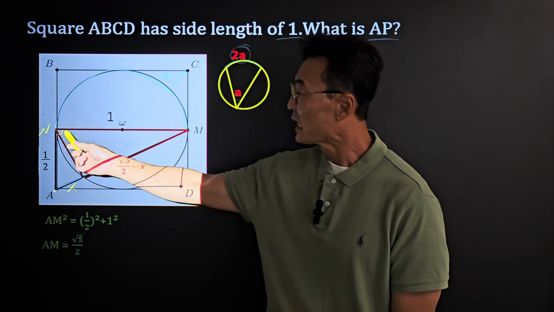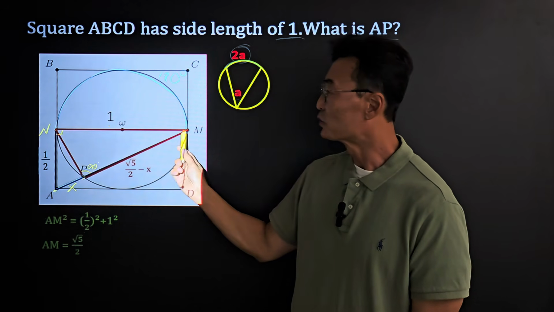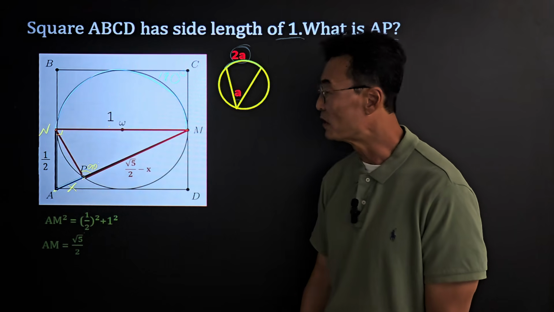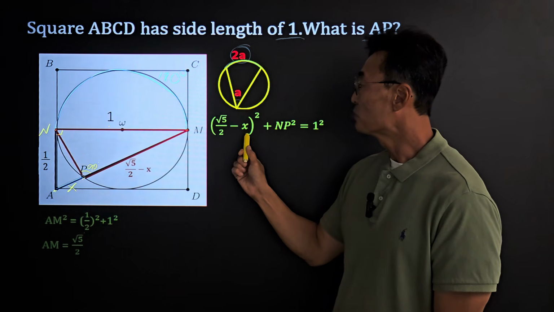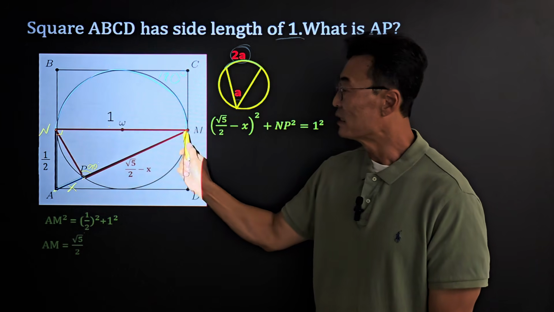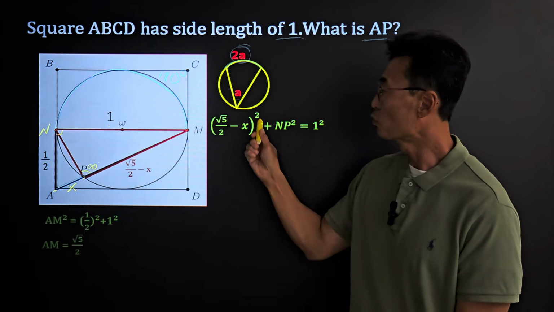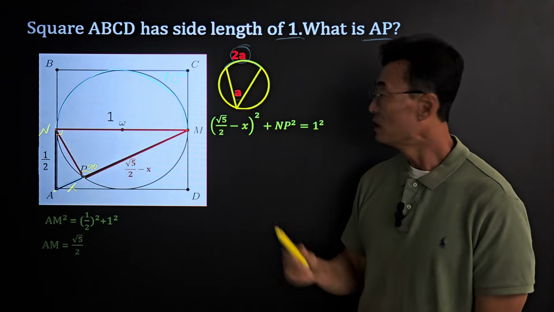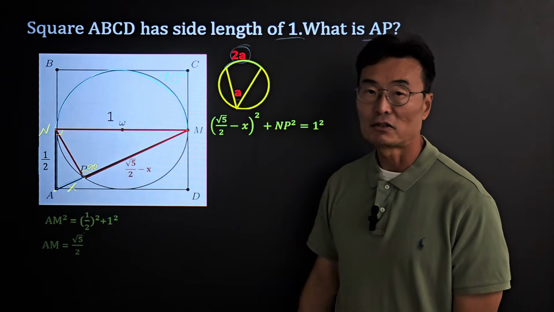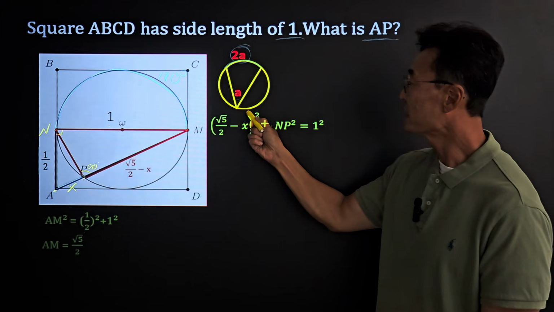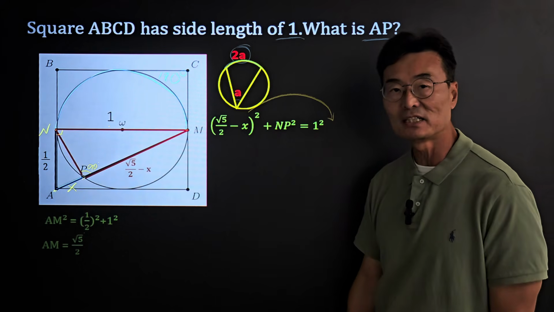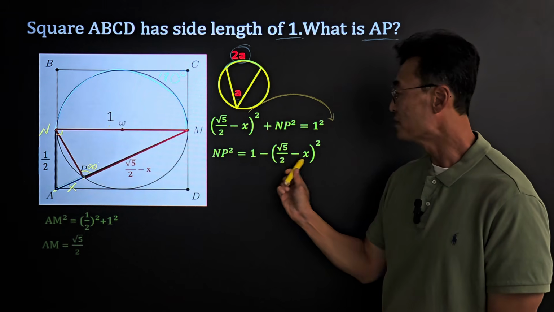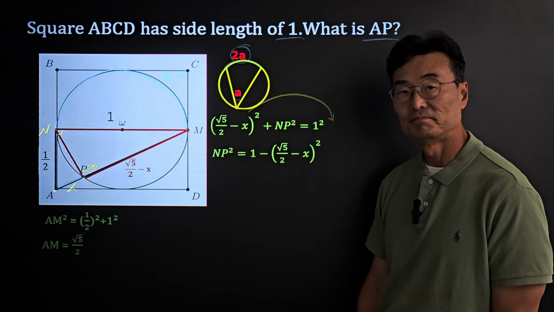And if we highlight the hypotenuse of this red triangle on the right, we can use the Pythagorean theorem to set up this equation where (√5/2 minus x), the base leg of that right triangle, squared, plus the other leg, NP squared, equals 1 squared, the hypotenuse. Let's bring this expression to the right side, so NP squared equals 1 minus that expression right there.